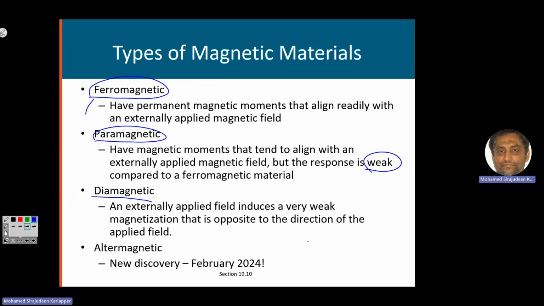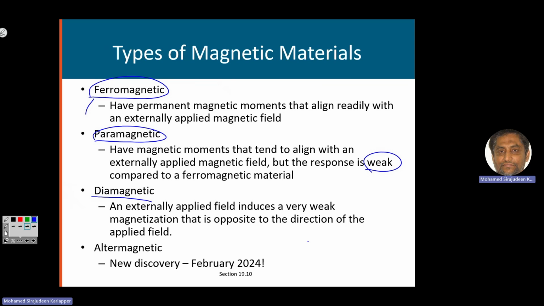Another one is even very strange. We can only explain this using quantum mechanics. When you apply an external magnetic field, the magnetic moments of the atoms of this material align in the opposite direction. It cannot be explained using a classical model, but we don't have to worry about how it happens.